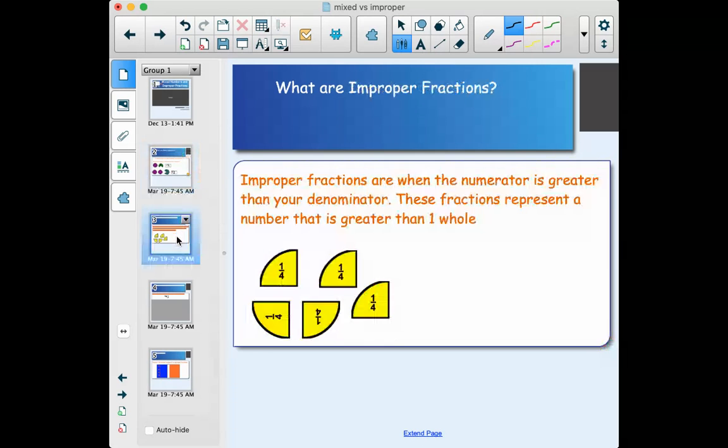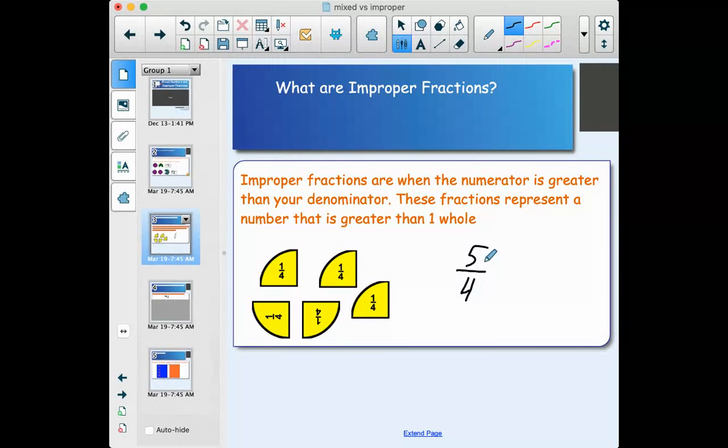Improper fractions are when the numerator is greater than your denominator. So in this case, each of these pieces is 1/4 of a circle. And if I count how many of them there are, there's 1, 2, 3, 4, 5. So this picture is 5/4 as an improper fraction.